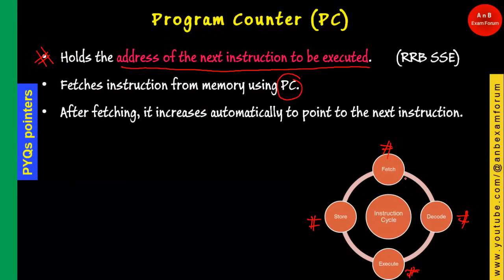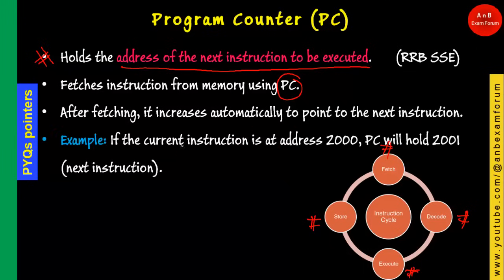Okay, and after fetching, what will happen? It will increase the value so that it is pointing to the next instruction. Let's see the example: suppose before the fetching phase, my program counter is holding the value of 2000.